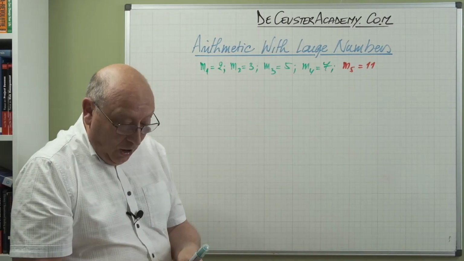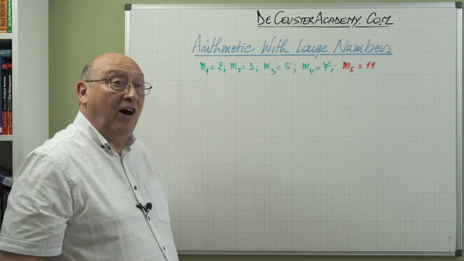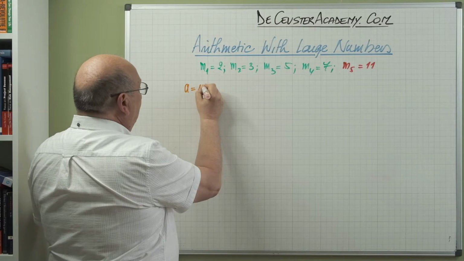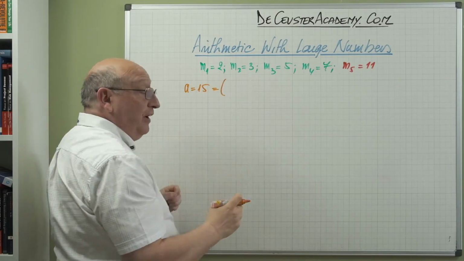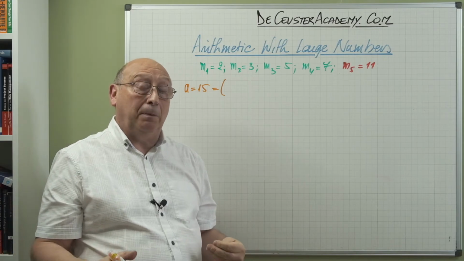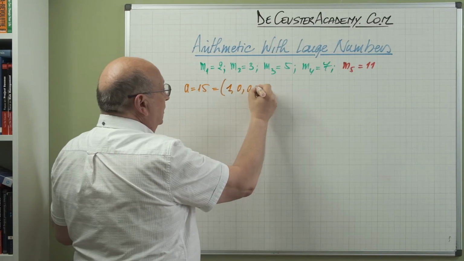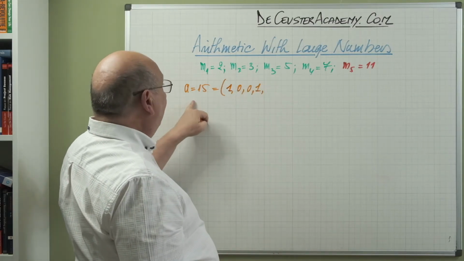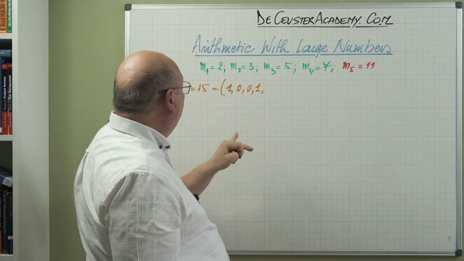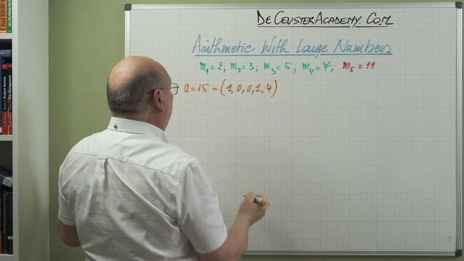What we have to do now is to adjust the n-tuples. Now we will have a 5-tuple. And we have A, which is 15, where the first 4 elements of the 5-tuple are still the same. So I have 1, 0, 0, 1. And now I have to say 15 modulus 11, which is equal to 4.